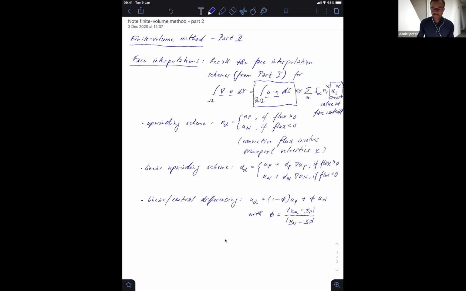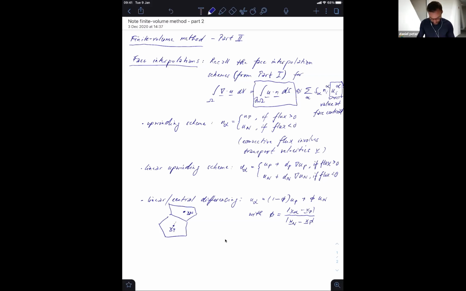And then central differencing is using a linear interpolation between your neighbor point and your cell centroid point. So if you have a cell here, we have the centroid point P at location X_P, and then we look at a different cell which has centroid N with a position X_N.